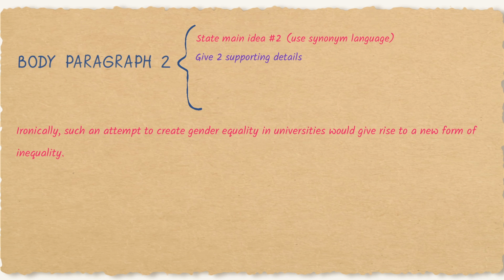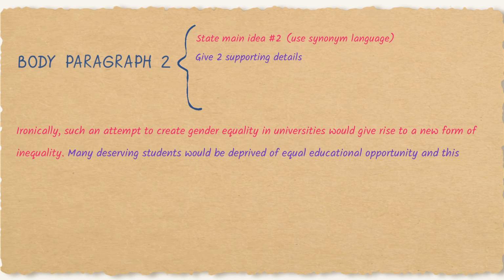I will write something like this. Many deserving students would be deprived of equal educational opportunity, and this can demotivate students to pursue further education. So, deprive of equal educational opportunity, which is our first supporting detail, and demotivate.